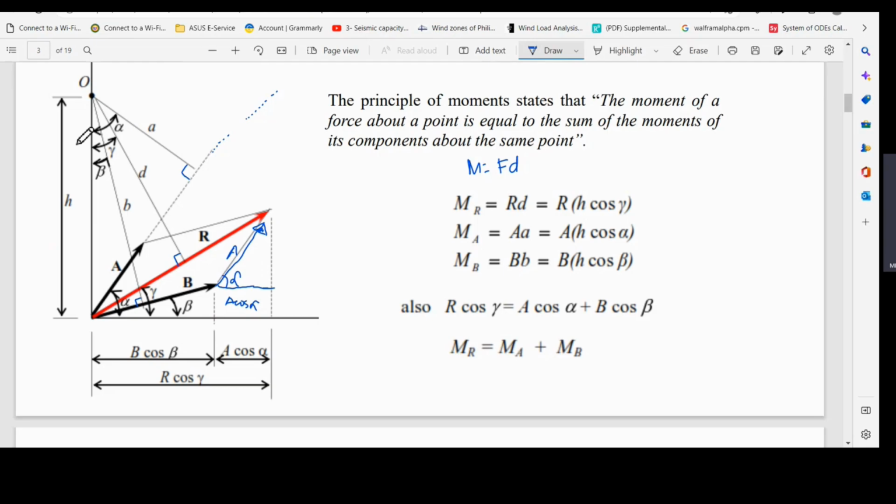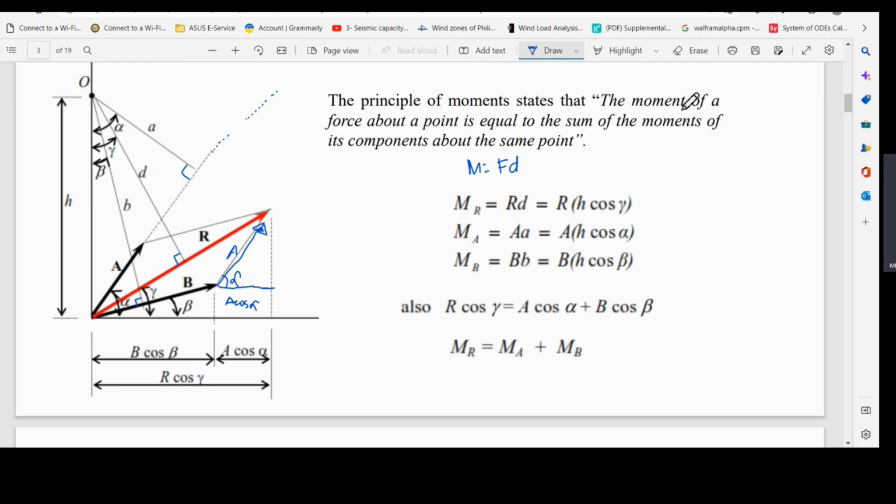And then for the moment A, it is force A multiplied by the perpendicular distance A, and moment B is force B multiplied by the perpendicular distance B. The moment of a force about a point is equal to the sum of the moments of its components. So we just express the components of our resultant R, and then take their individual moments, and it is also equal to the moment of the resultant.